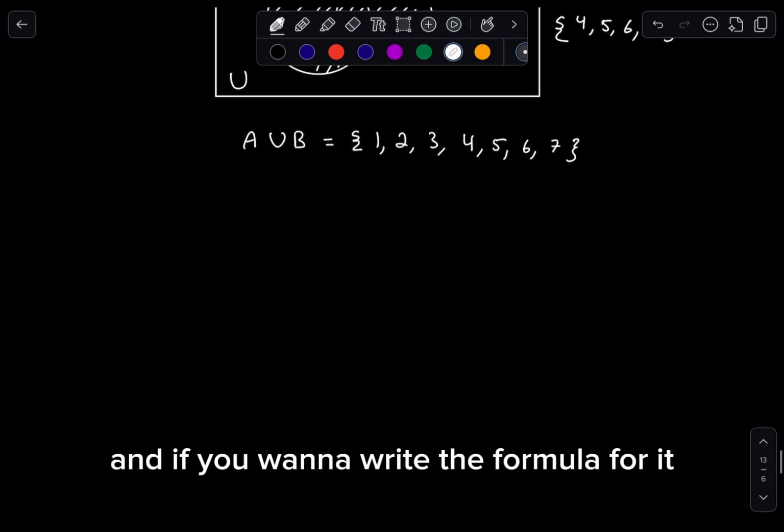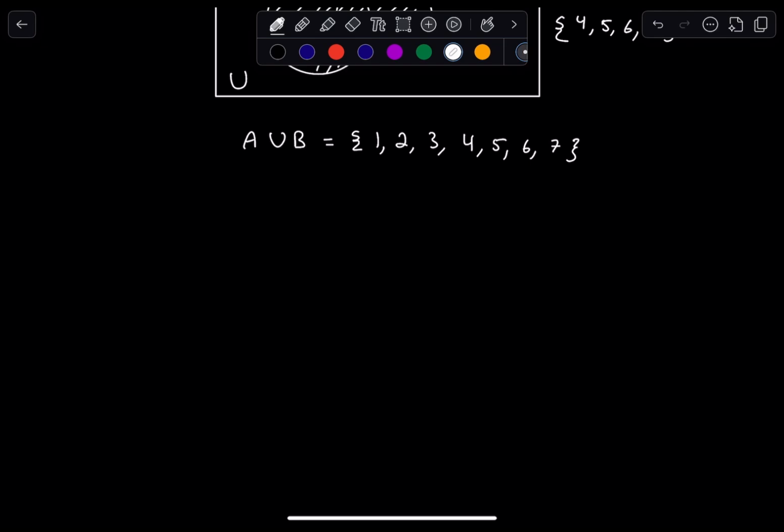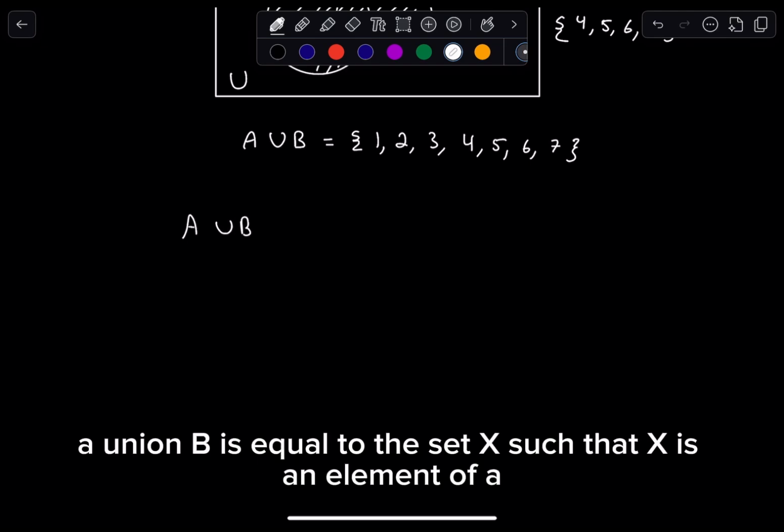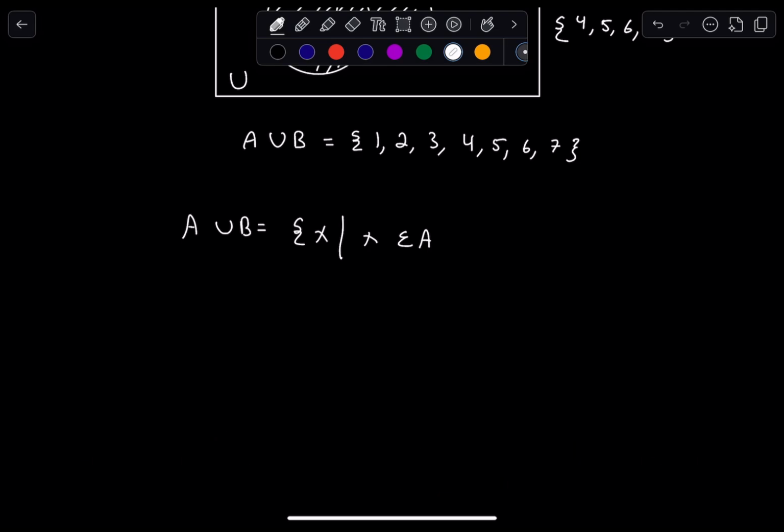And if you want to write the formula for it, it can be written as A union B is equal to the set X such that X is an element of A, or X is an element of B.